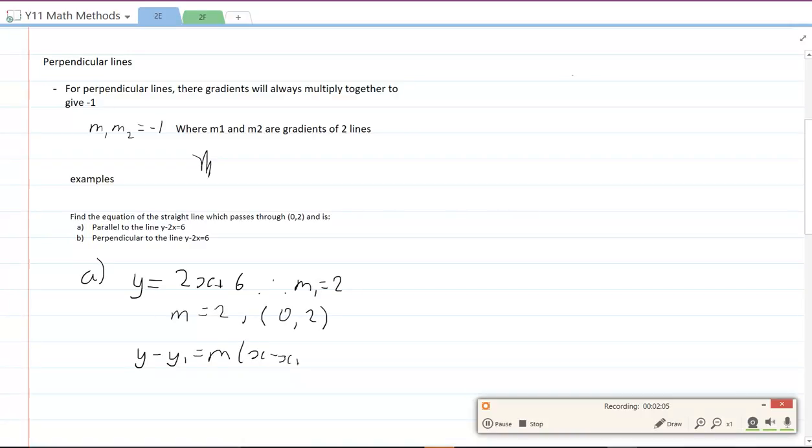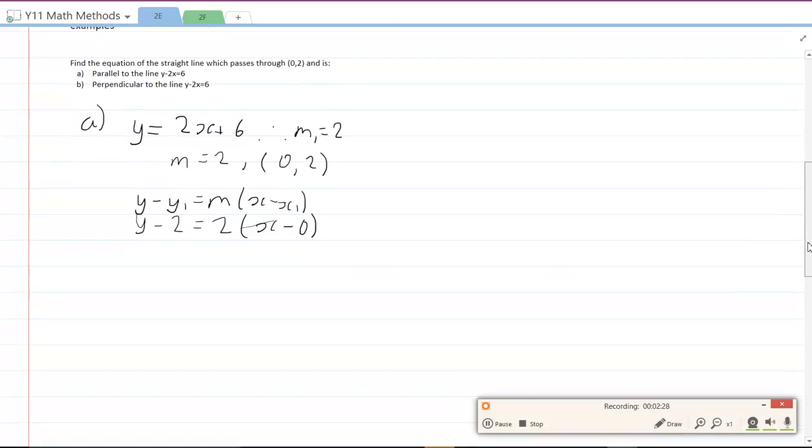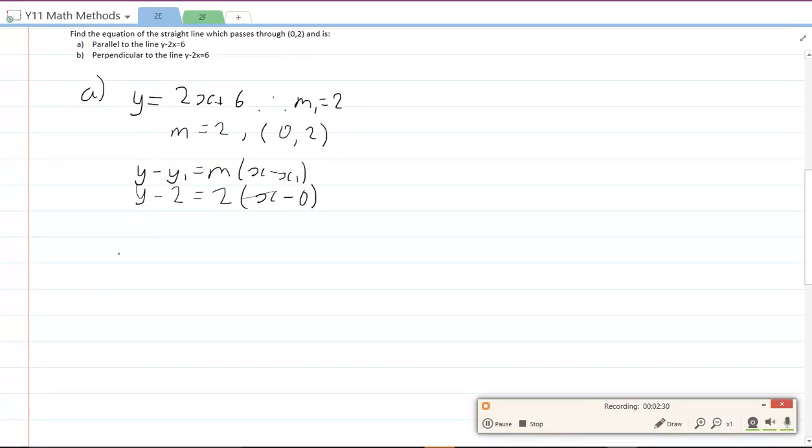Substituting in the points, we've got y minus 2 is equal to 2 outside of (x minus 0), since x1 in this case is 0.